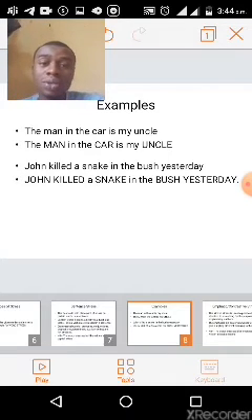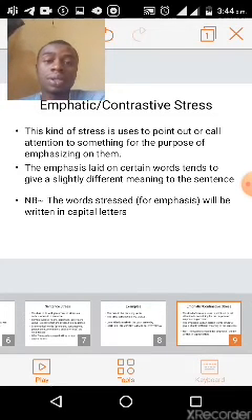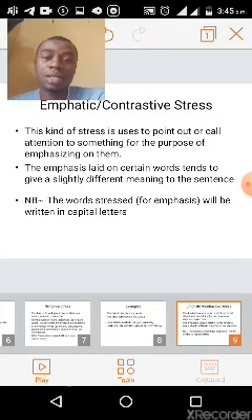Now we'll go straight to what emphatic stress is, the topic of the day. This kind of stress is used to point out or call attention to something for the purpose of emphasizing it. The emphasis laid on certain words tends to give a slightly different meaning to the sentence. Like I said, the word stressed will also be written in capital letters.